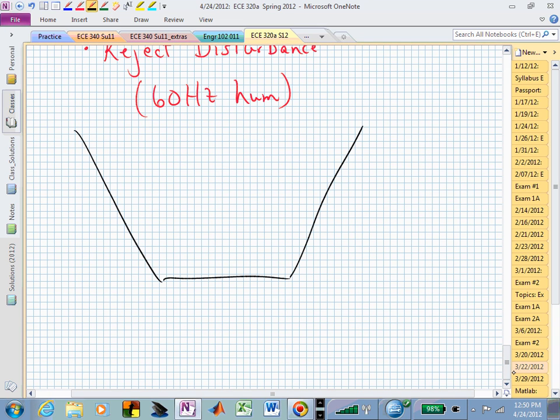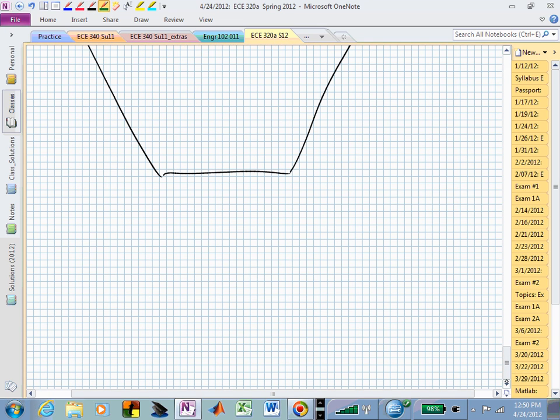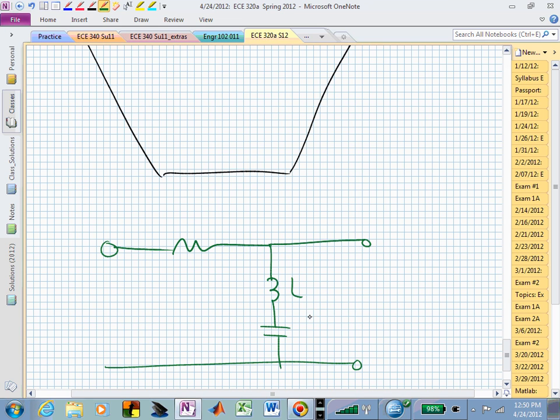Now we could have the same kind of collection of elements, but we want to work with a different combination or pickoff point in that passive circuit in order to make that a band reject filter versus a band pass.